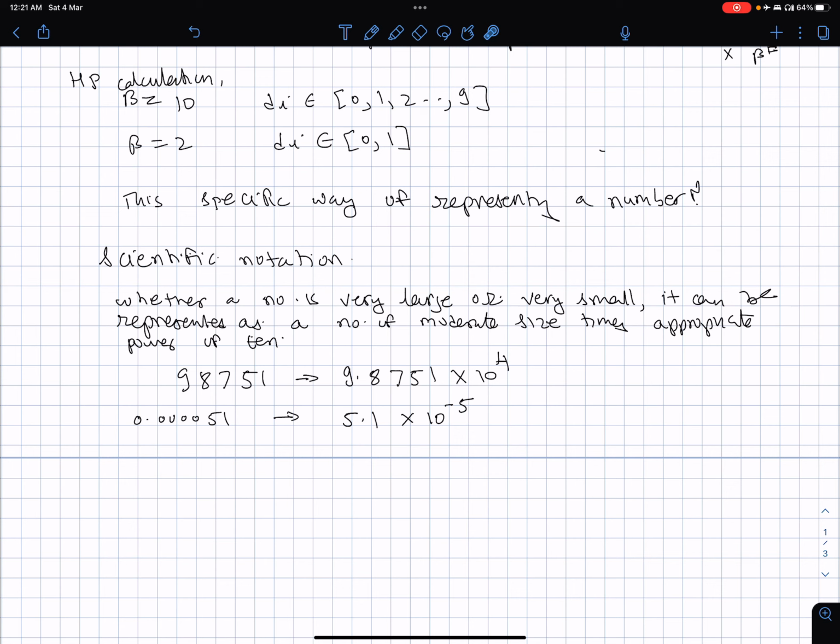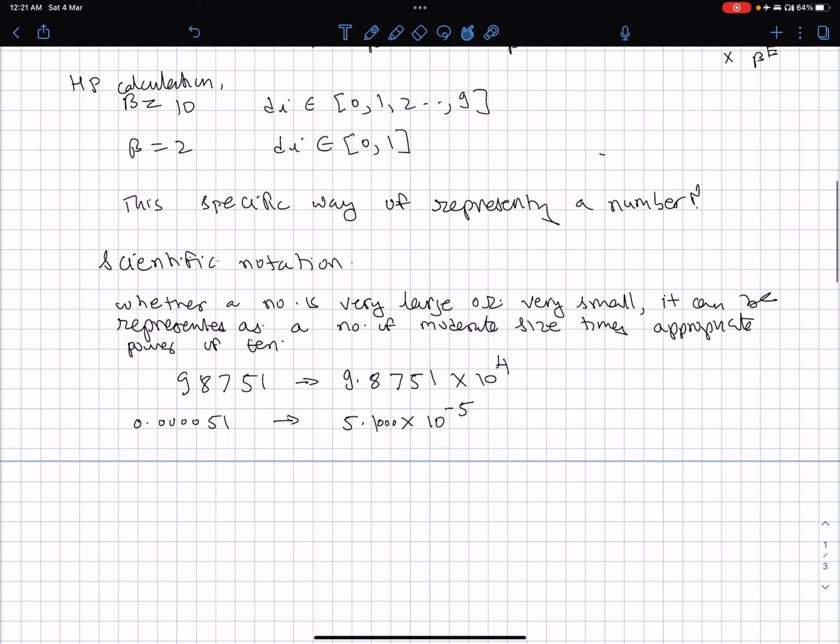Now these are numbers of moderate size, and they are to be scaled by an appropriate power of 10.